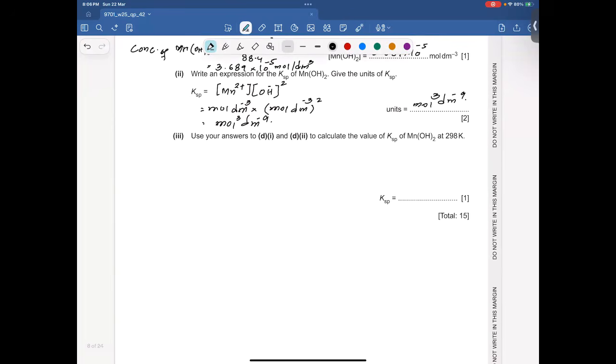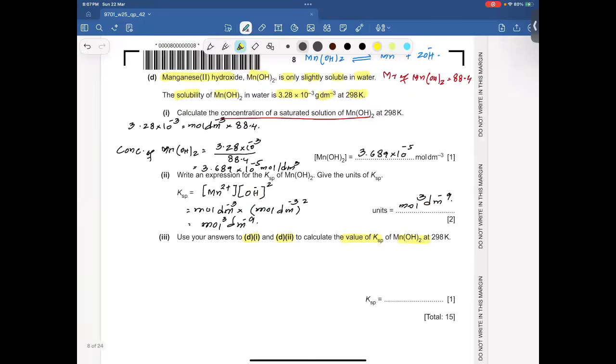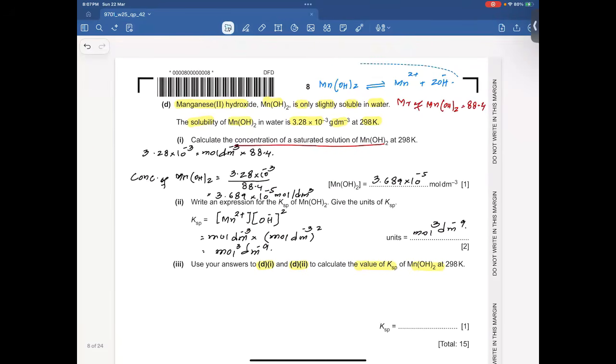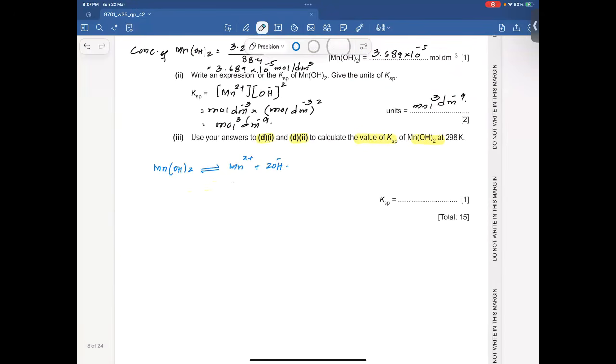Use your answer to D1 and D2 to calculate the value of the Ksp. Okay, let me write this equation again here. We know that magnesium 2 hydroxide and magnesium 2 ions have a 1:1 ratio.